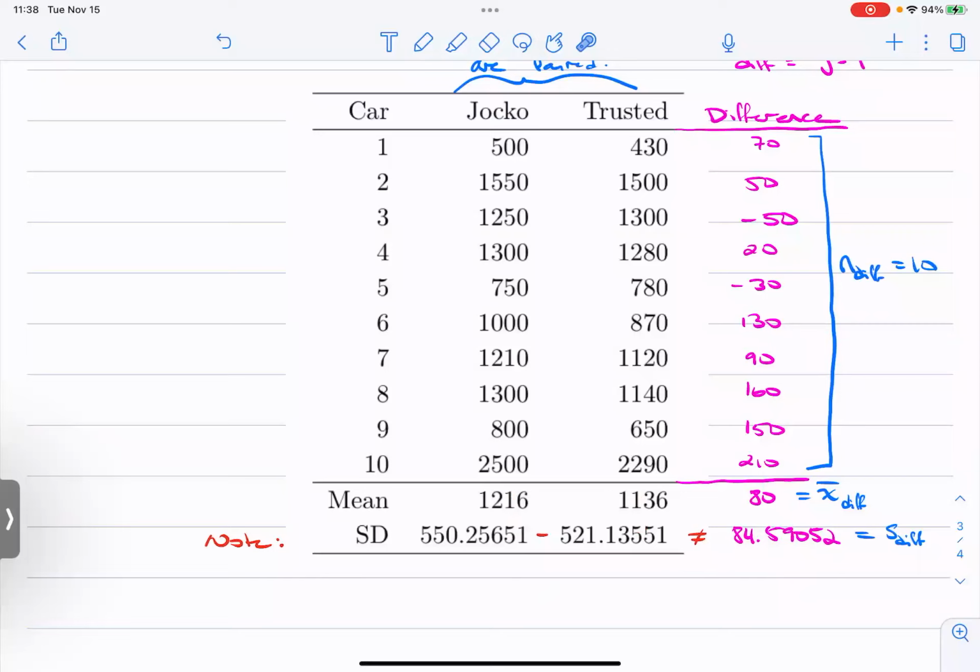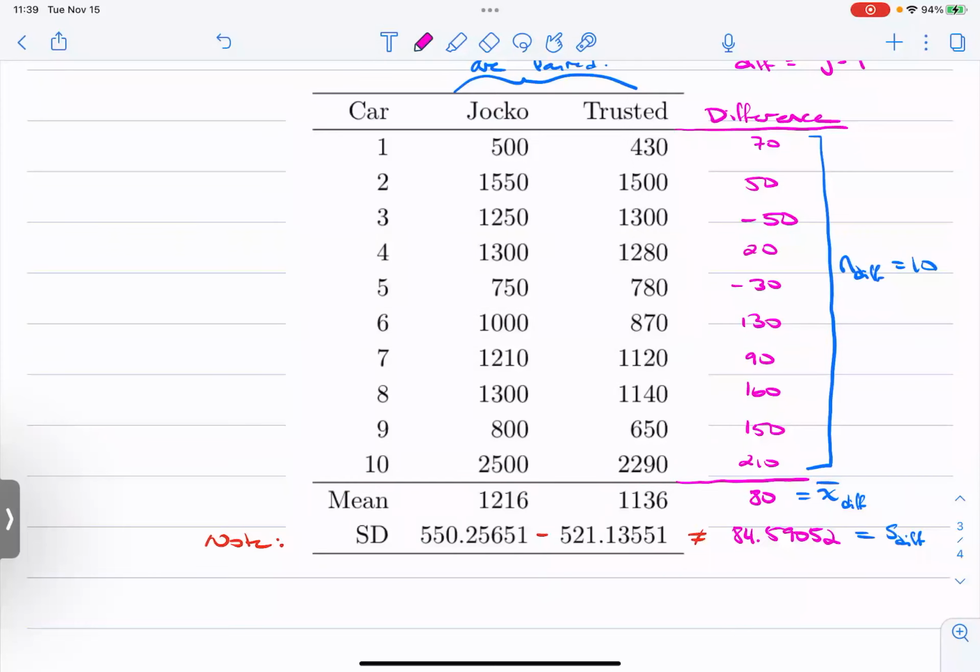So usually, if you have something laid out like this at the bottom here, that's a clue that it's a paired data type of question. Then you can read the question and just reassure yourself that it is a paired data question. And then we're off to the races.